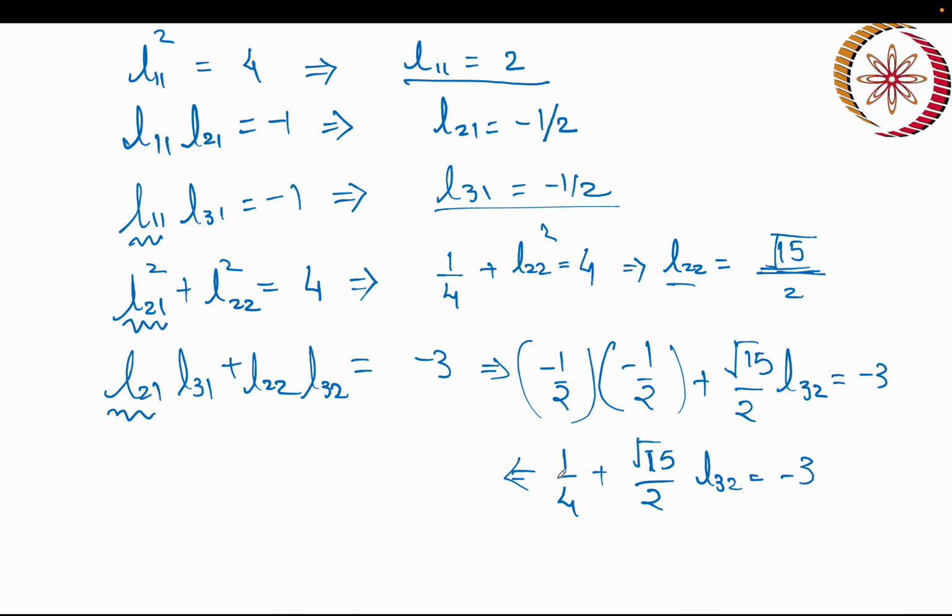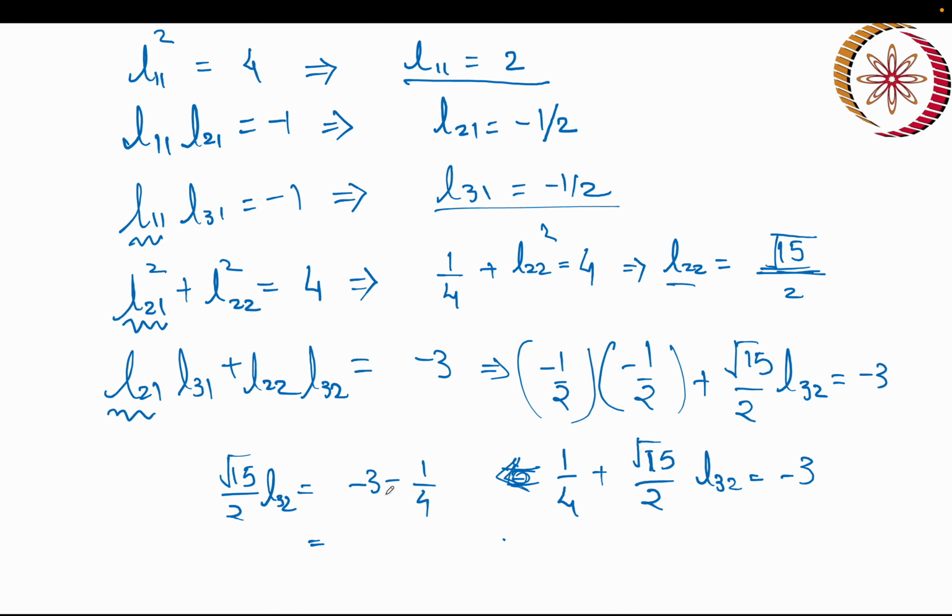Okay, let's compute it here below. It will be minus 3. Minus 3 minus 4 is equal to square root of 15 by 2 L32.